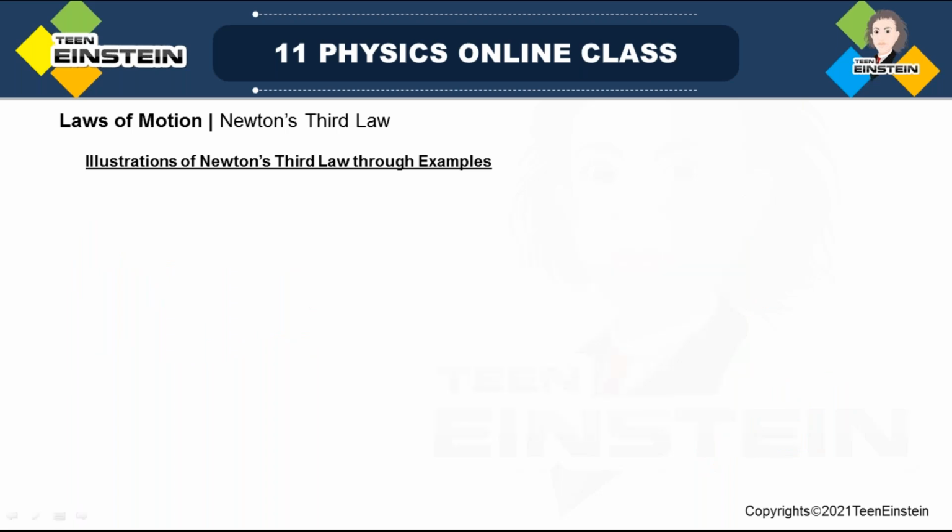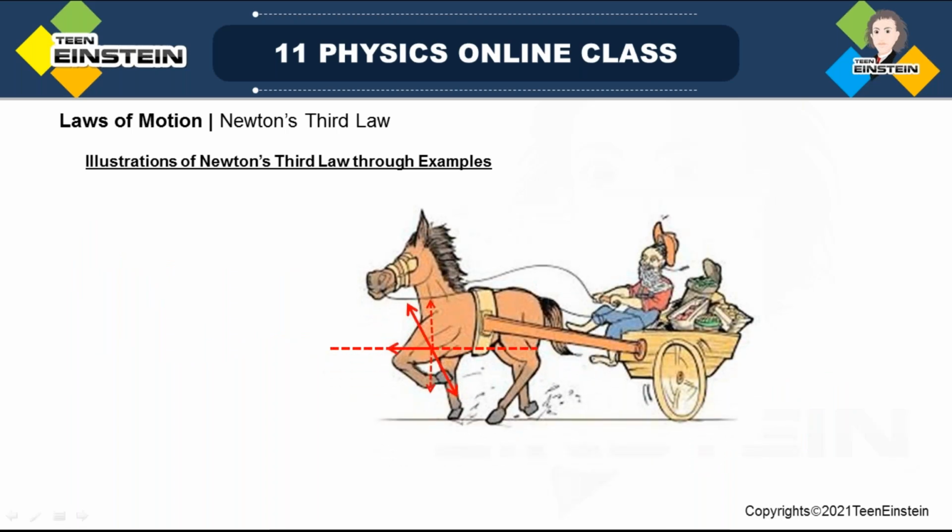We'll take up one more example. See, this is a bullock cart. Sorry, this is a horse cart. A person is riding a horse cart. What I'm trying to say here is, just like our leg, while pulling a cart and running, the horse applies a force obliquely to the vertical direction, at a certain angle theta with the vertical.